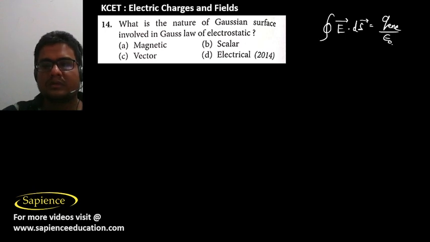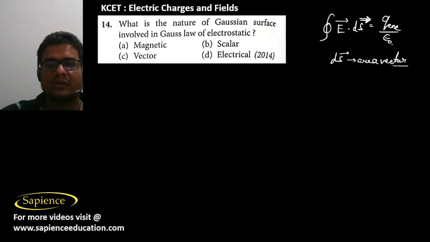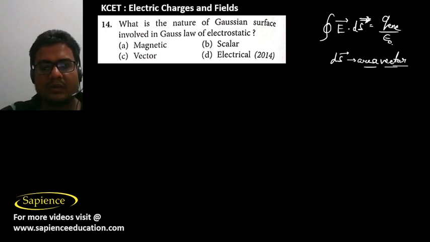Here ds is the area vector at any point on the surface, so the area vector has been used. The Gaussian surface is a vector. Option C is the correct answer.